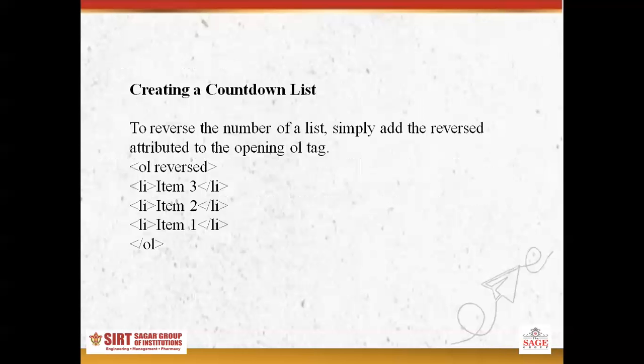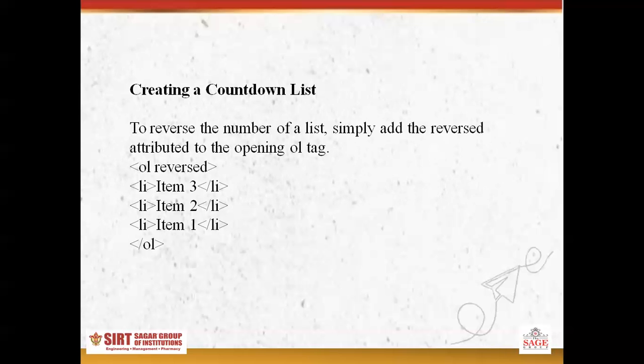Next, creating a countdown list. Here is the example of a countdown list. When you want to create a countdown list, if you want to reverse the numbers of the list, you use the reversed attribute with the OL tag. In this example you can see OL reversed, then list items.